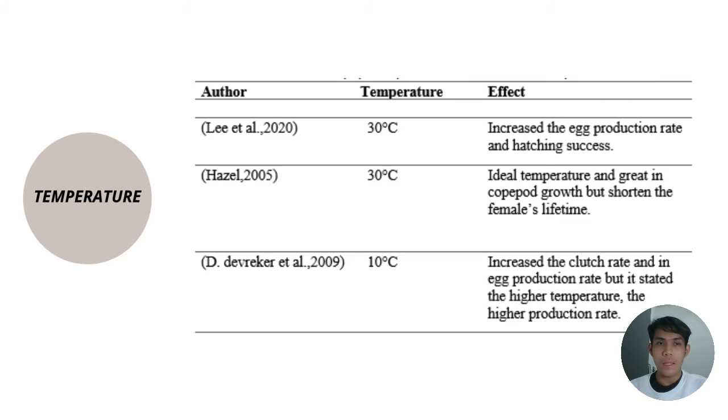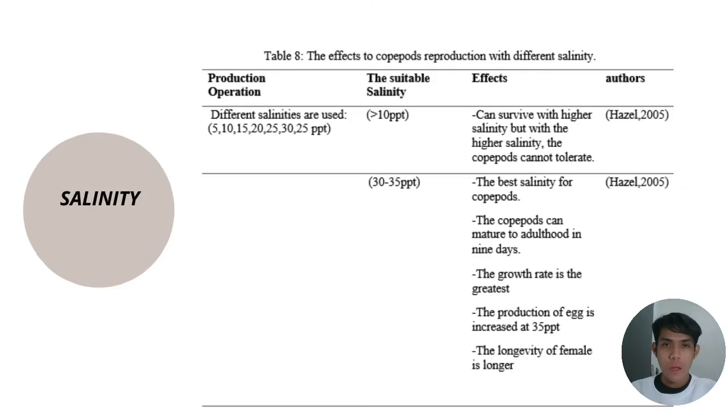Meanwhile, a study by Hazel, which also suggests 30 Celsius, also states that the ideal temperature is great for copepod growth but shortens the female lifetime. Meanwhile, the study by Didier Fricke in 2009 suggests that 10 Celsius is the ideal temperature, but the higher the temperature, the higher the production rate.